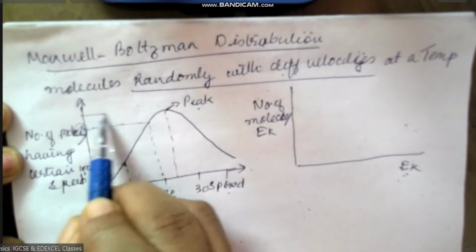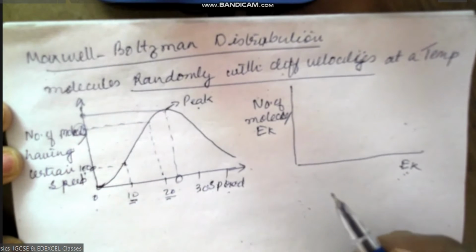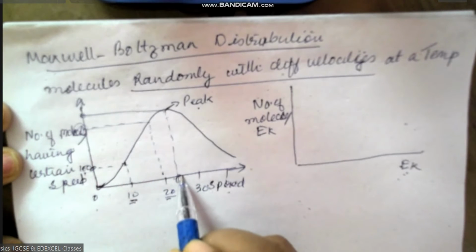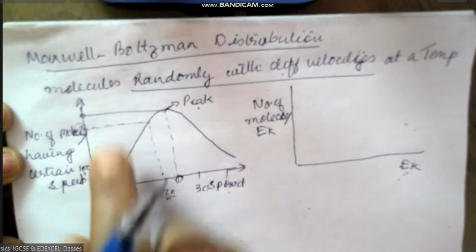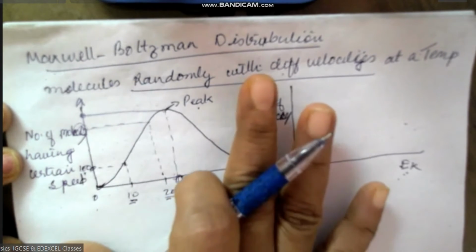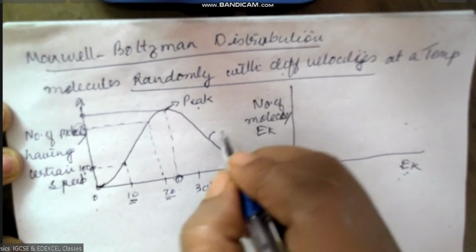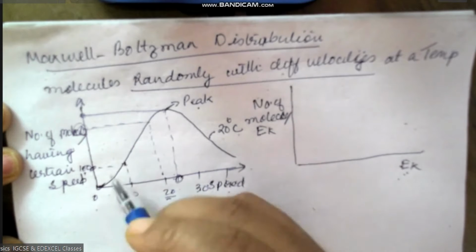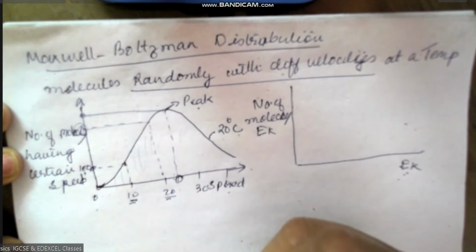And look here, at speed 20, maybe 300 molecules are there. And there is a peak. What does this peak mean? The maximum number of molecules have this much speed.